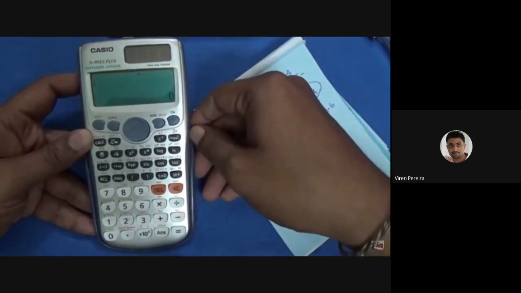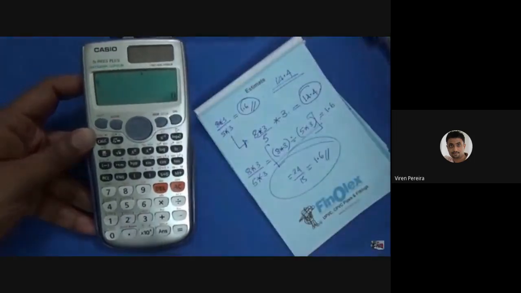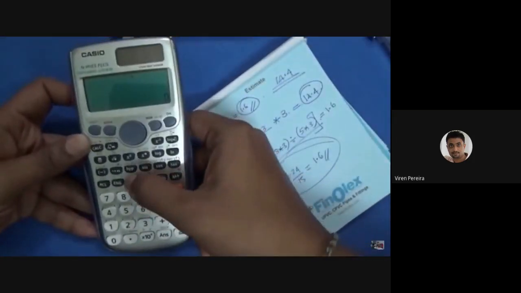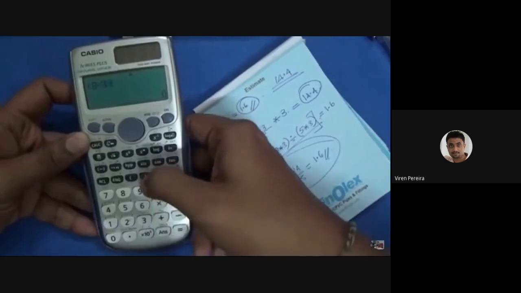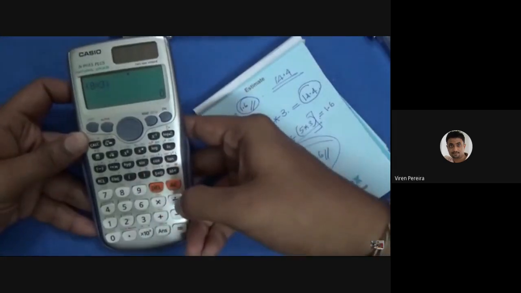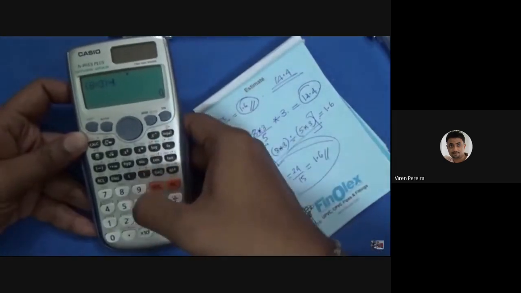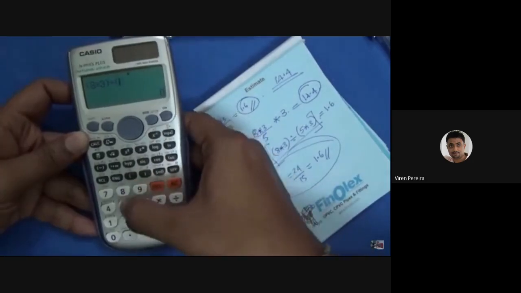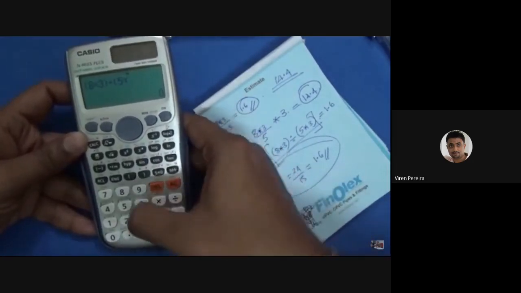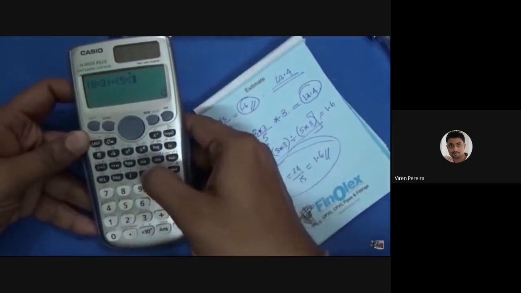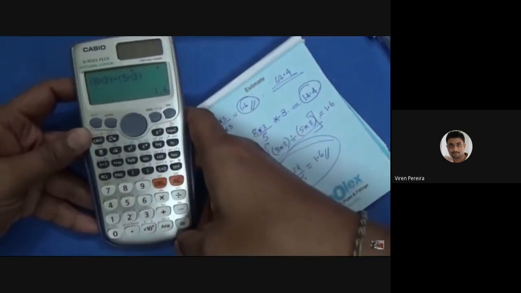Another thing about this calculator is, now say I type the value 8 into 3 divided by, as I told you, I have to use the brackets. So open bracket 5 into 3 close bracket equals 1.6.